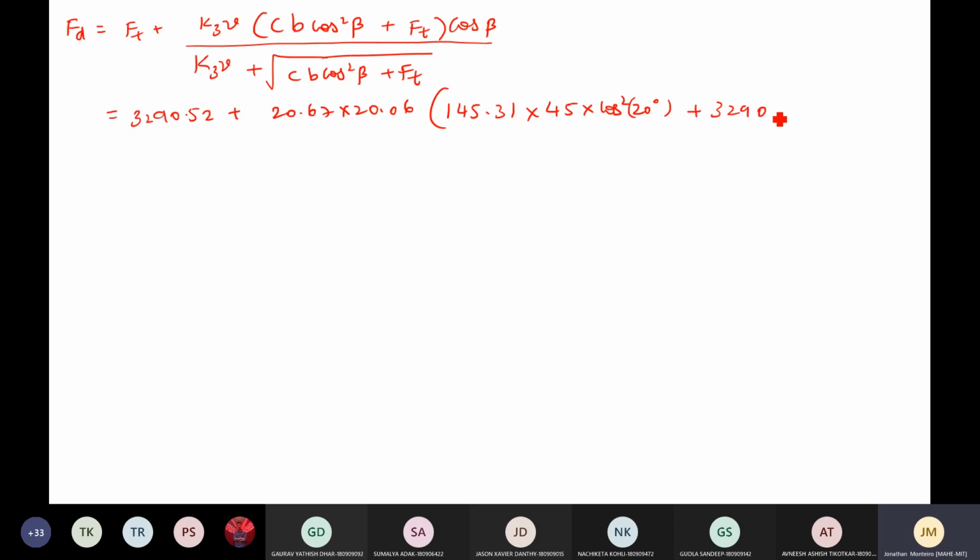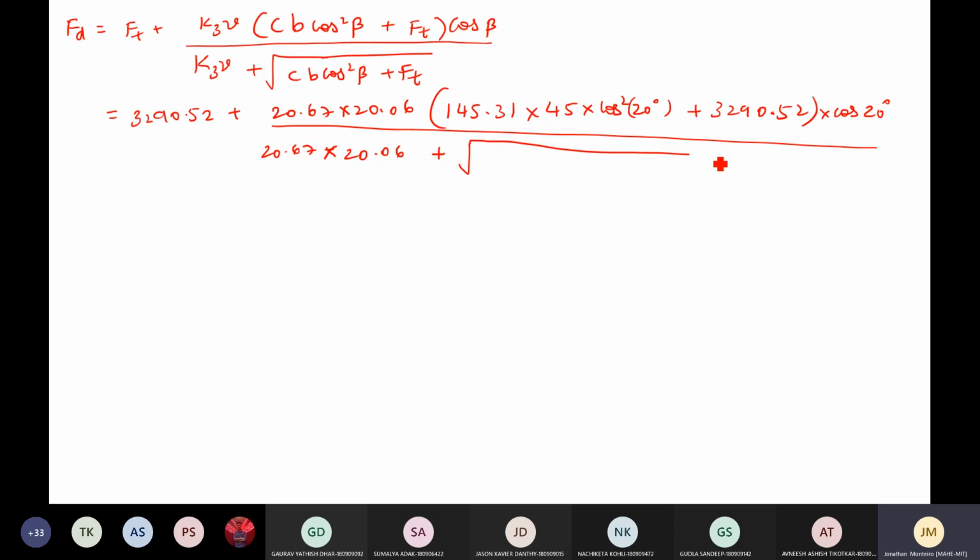plus 3290.52 into cos of 20 degrees, all divided by 106 plus root of 45 cos square of 20 degrees plus 3290.52.